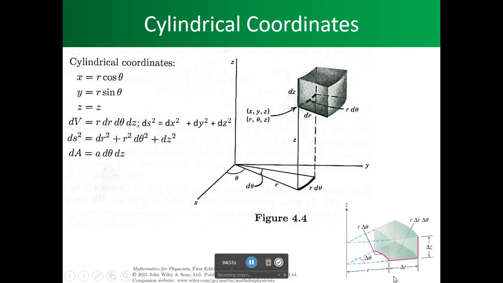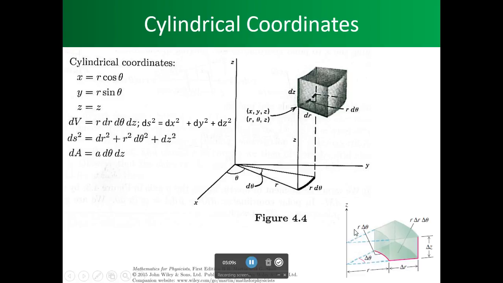We have our r, and we have our dr, or the change in r. Then we have also here our change in z, dz. We have our change in theta. And here we have this area.